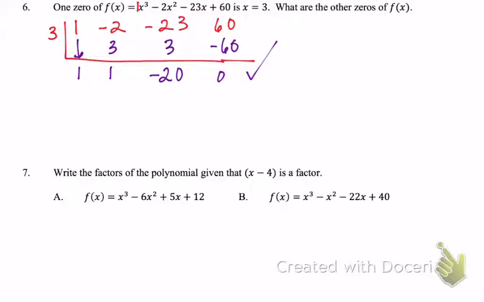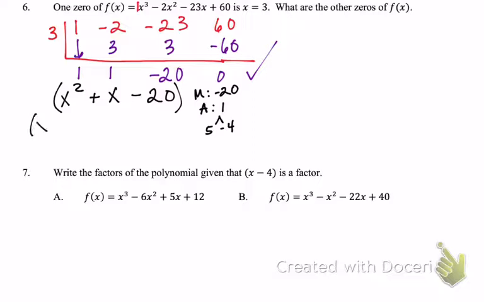Once I've divided, I have x squared plus x minus 20. I'm going to factor this. So two numbers that multiply to get -20 and add to get a positive 1. I have a positive 5, -4. So I'm going to write this as x plus 5, x minus 4.